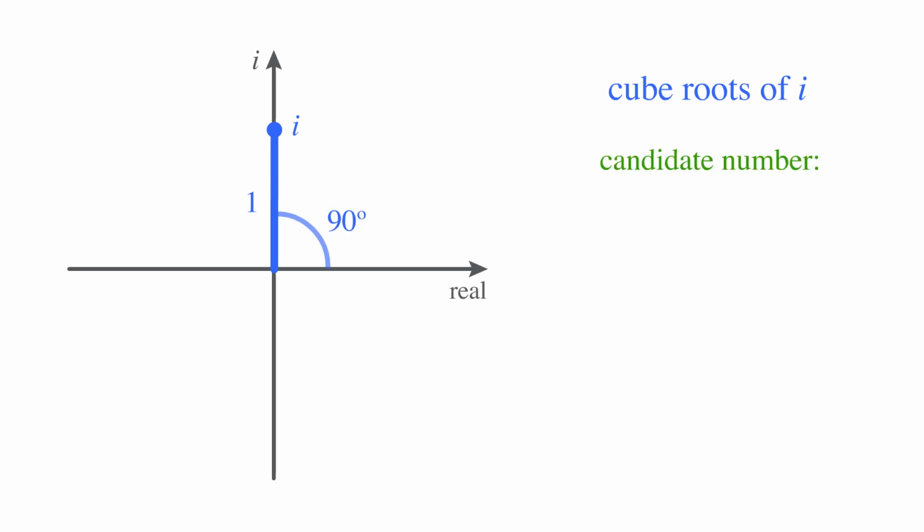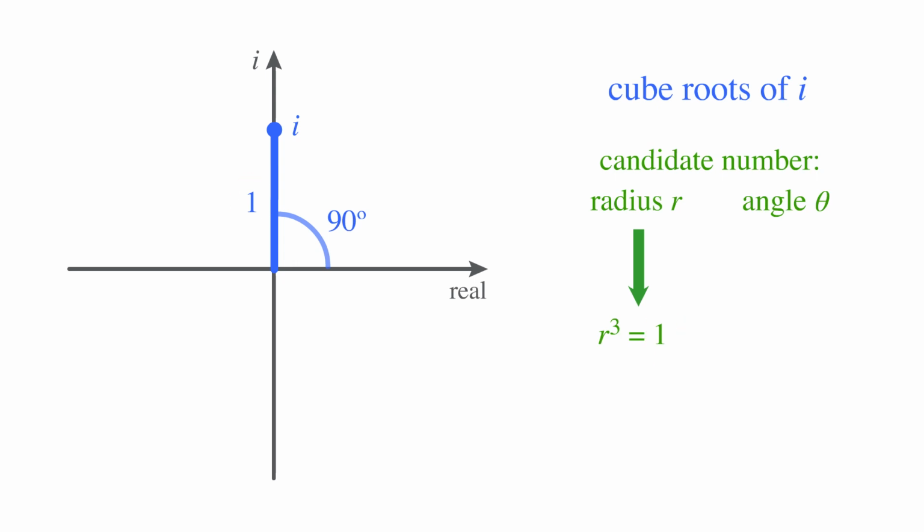Consider a generic complex number with radius r and angle theta. If it is to be a cube root of i, then when we take its third power, we should get i. That means we need r cubed to match 1, the radius of i.